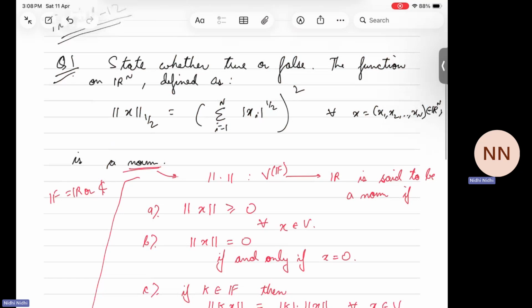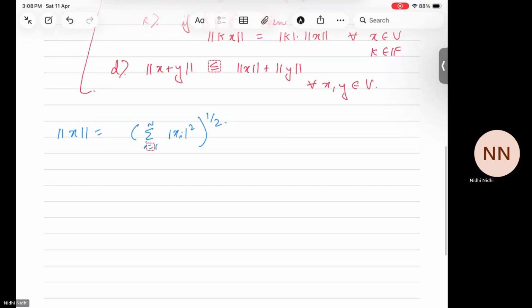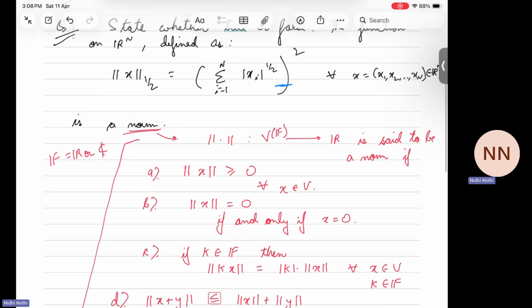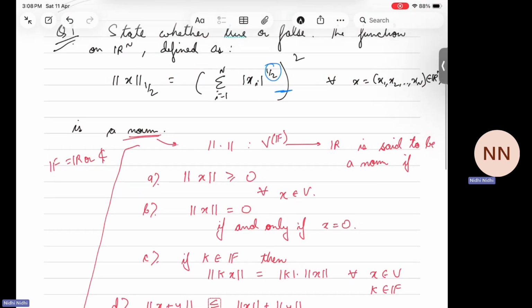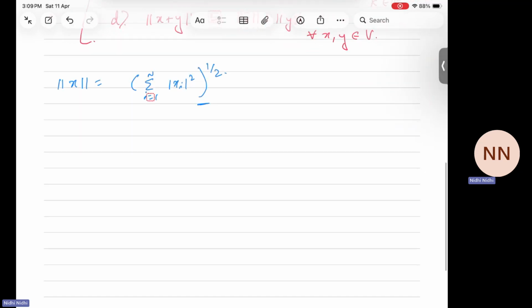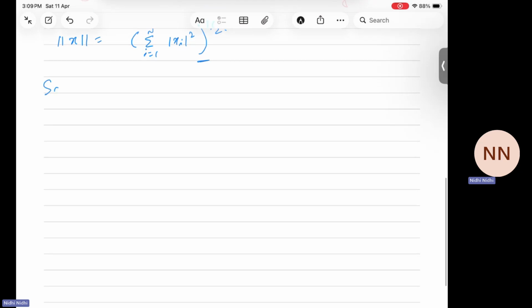The main difference between this and our given function on Rn is the fact that here we have power 1 by 2. So this will lead us to some issue, and hence we will be able to show that this is actually not a norm. The main issue will come at the triangle inequality. So, let's see how that happens.